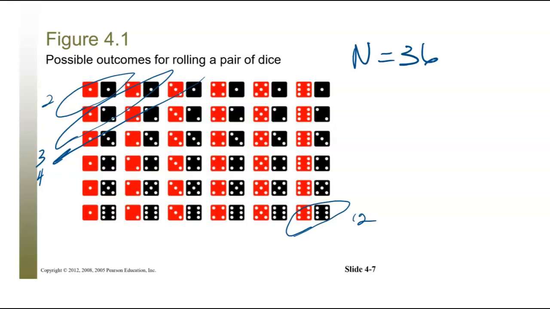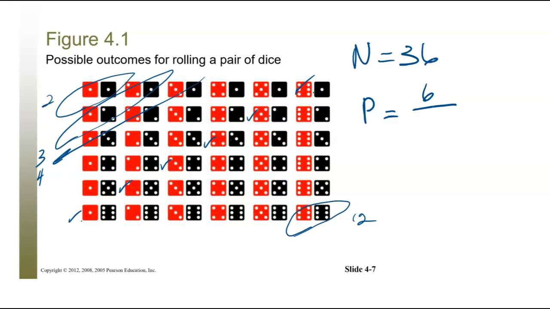So how can you get a 7? Well, it would be this one, right? 3, 4, 4, 3, 5, 2, 6, 1. There are 6 ways of getting a 7.